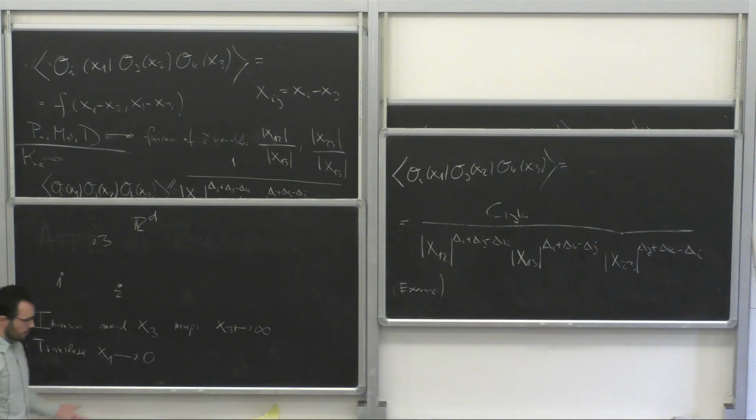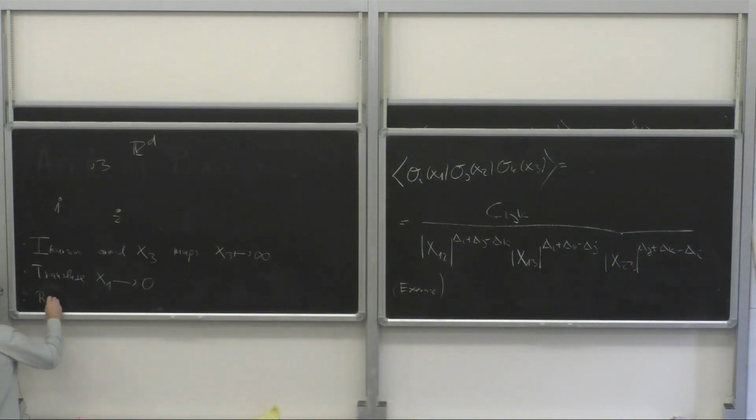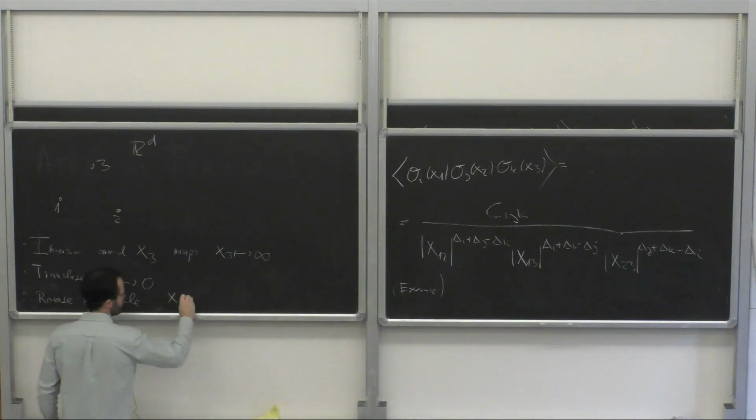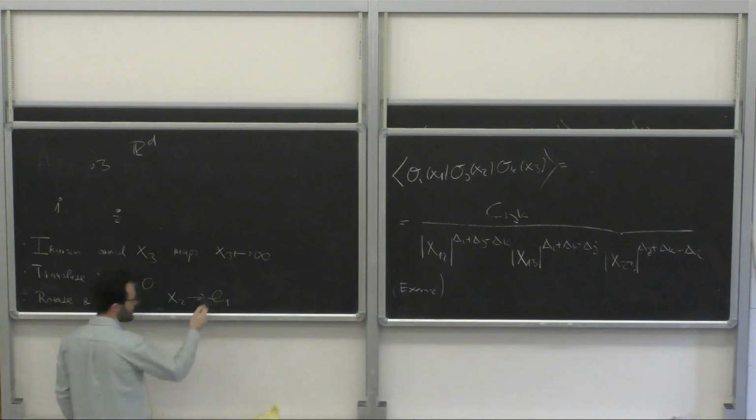And you can always rotate so that x2 is on any particular axis that you want, and then rescale so that x2 is at any distance that you want. So we can rotate and rescale to send x2 to the unit vector in any direction that you want. Let's say E1 is the unit vector in direction 1.